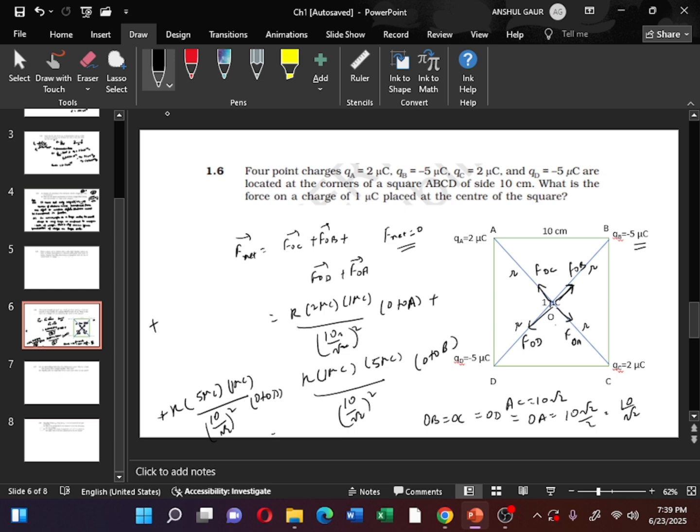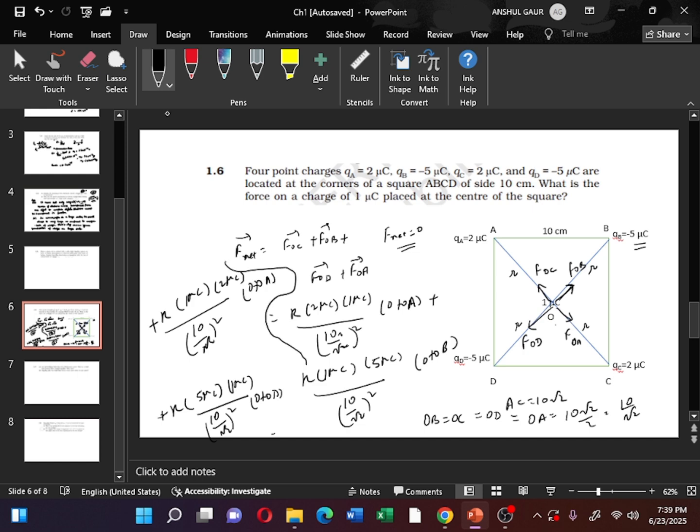FOA is along the direction OC and its magnitude is K times the first charge, which is 1 microcoulomb, the second charge, which is 2 microcoulomb, upon 10 upon root 2 whole square, and the direction is from O to A.